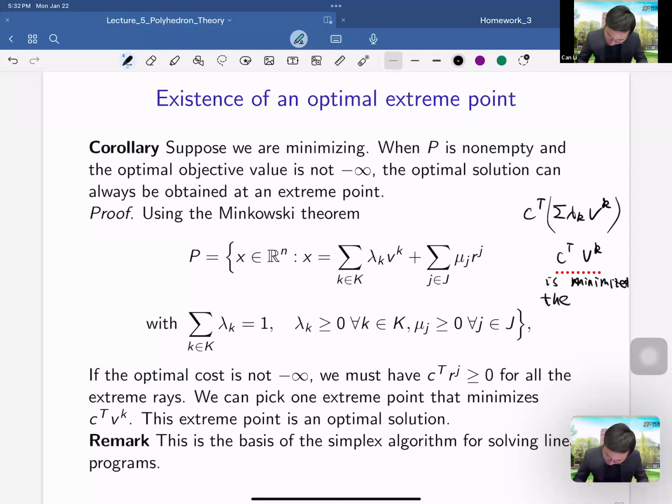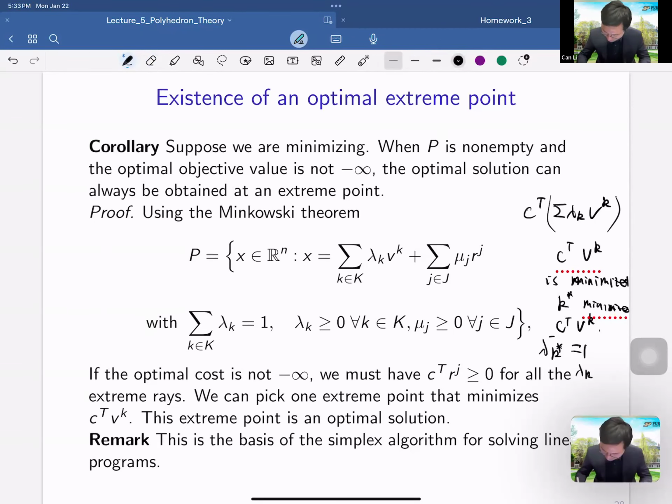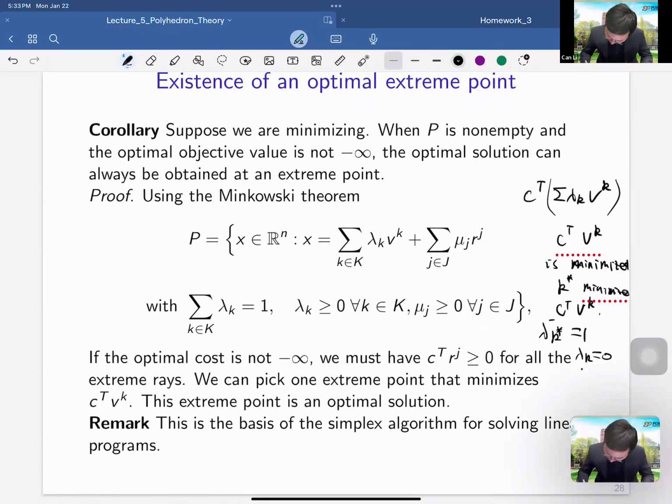Suppose k star minimizes c transpose v_k. Then we can just set lambda_k star equal to 1, and all the lambda_k equal to 0 for k not equal to k star.